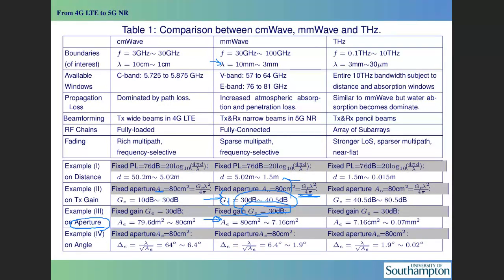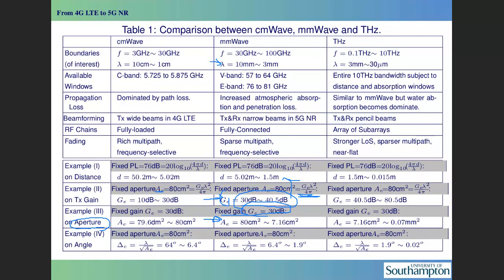That's why we often say the antenna size is smaller when the frequency increases. You can see quite clearly here that the antenna size, or the aperture, is shrinking.